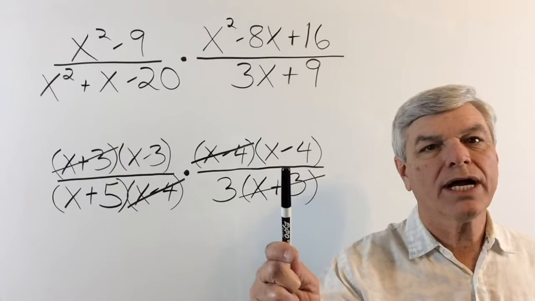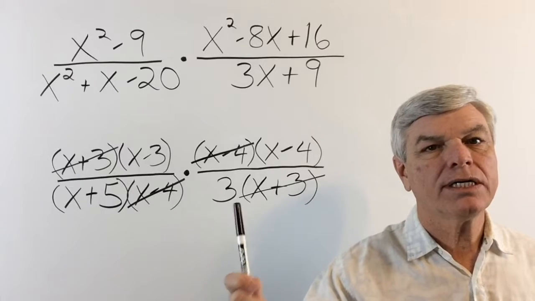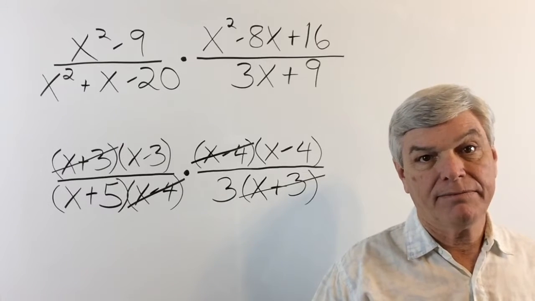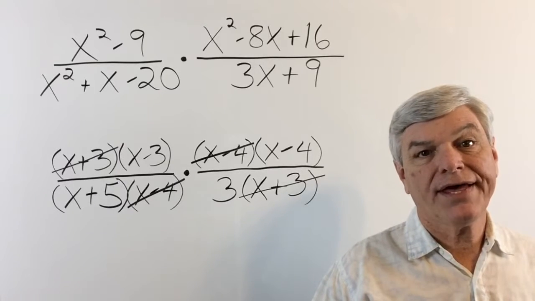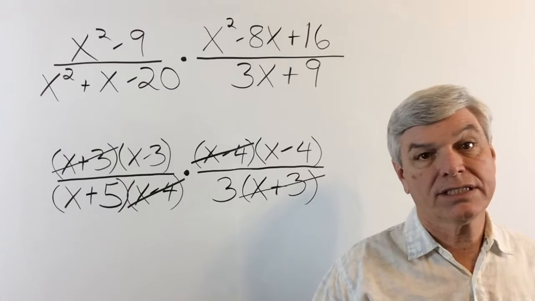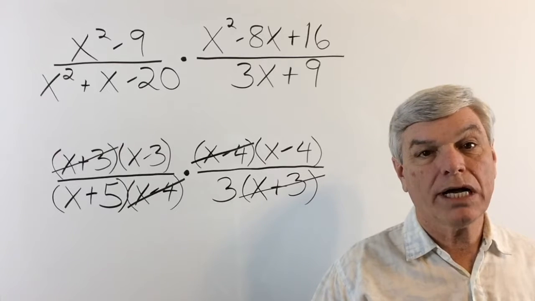And we have one more x minus 4. No. No. And so that's it. We have eliminated everything that we can eliminate. Now, everything that we've crossed out, I am going to erase.